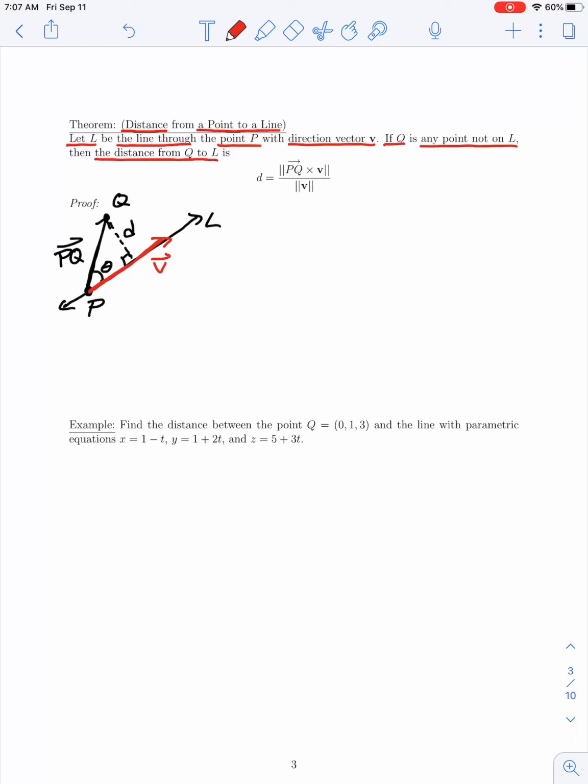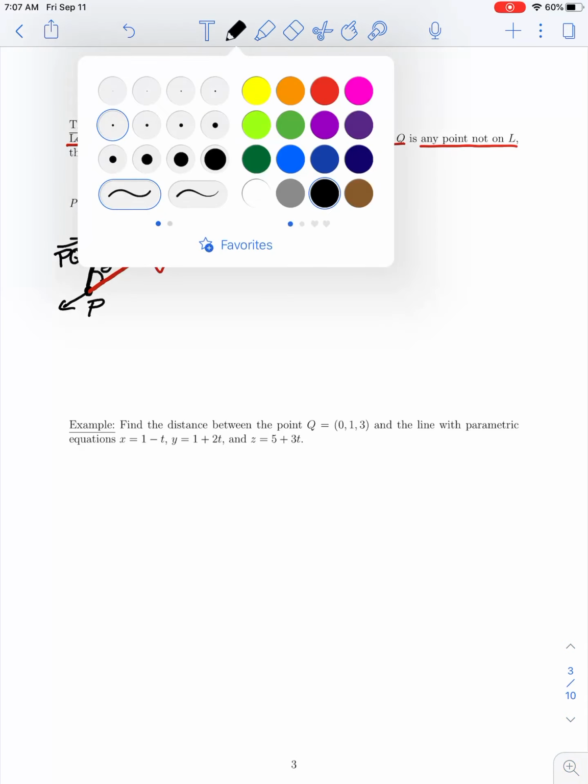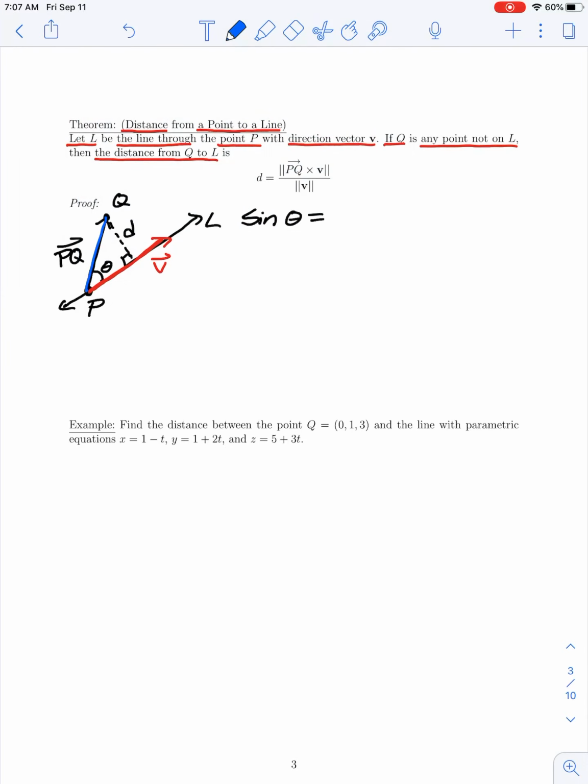So what I'm trying to derive is this formula for the distance from the point to the line. Let me start by considering the value for sine of theta, where theta is the angle between our direction vector and this vector PQ. In terms of our triangle, so let's say we have a little right triangle being formed here.